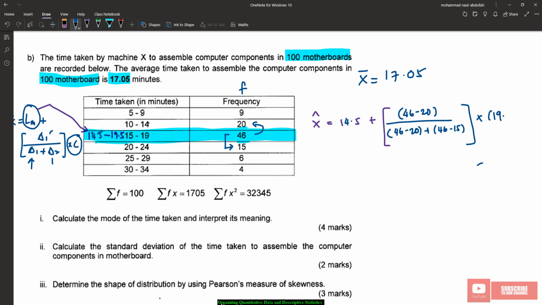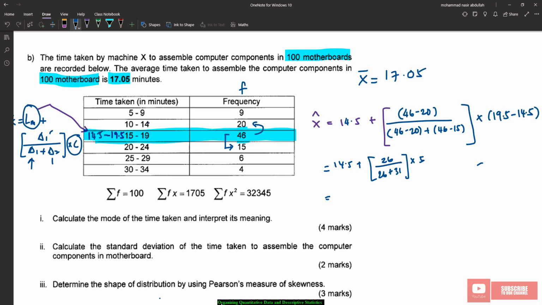So 19.5 minus 14.5. So calculate this one. This should be 14.5 plus 46 minus 20 is 26, divided by 26 plus 46 minus 15, 31, and multiply with 19.5 minus 14.5, which is equal to 5. And then put into the calculator, you will get the answer.